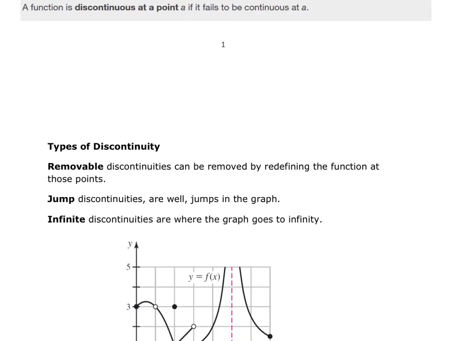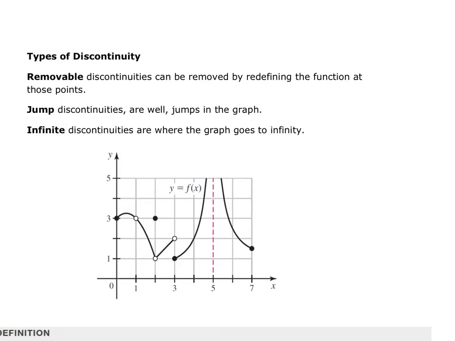There are 3 types of discontinuity. The first type is a removable discontinuity. That's when you have a hole in the graph. So that is a removable discontinuity, like this one, or even this one. This one is not defined at 1.